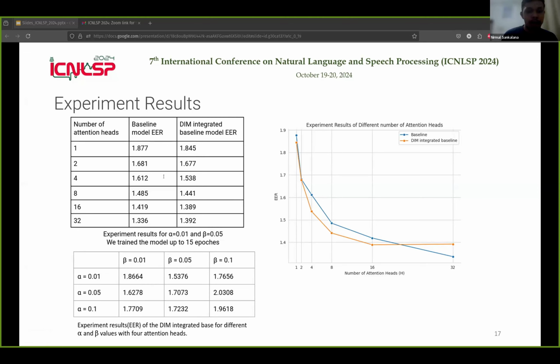The overall findings suggest that an increase in the number of attention heads generally leads to the best performance, especially up to 16 heads, where the DIM integrated model surpassed our baseline. Additionally, lower alpha and beta values give better results, and beta has a stronger influence on performance than alpha.